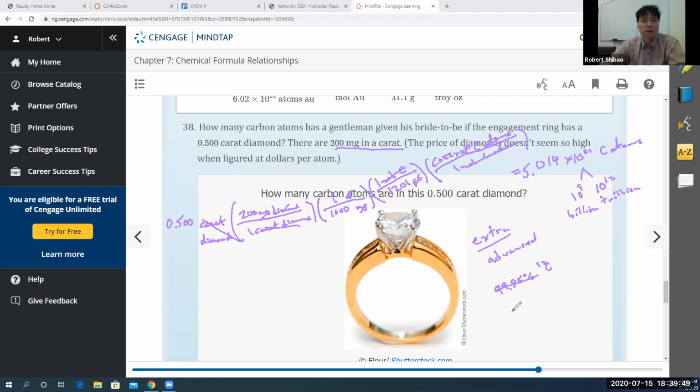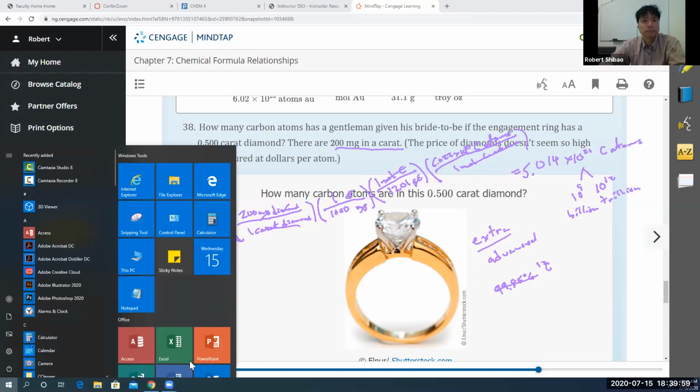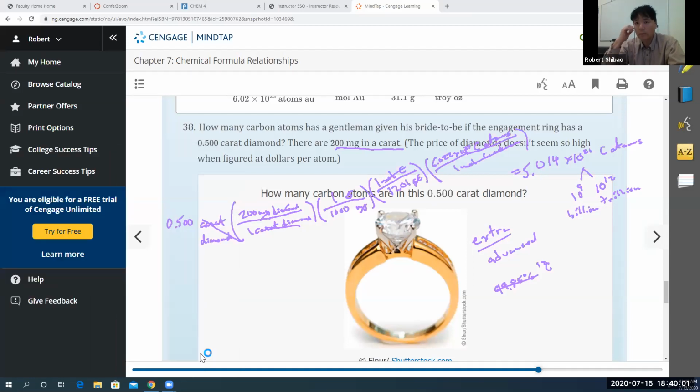I'm going to do that just by going to the table we used in the PowerPoint from our book. This was in the previous chapter, or 2 chapters ago, chapter 5. So let me go there.